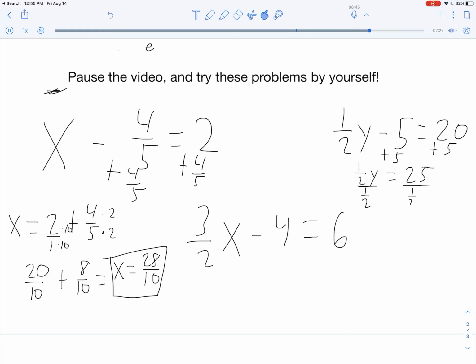Now, whenever we divide a fraction, we flip it. So, instead of dividing by 1/2, we're really multiplying by 2 over 1, which gives us y is equal to 50.